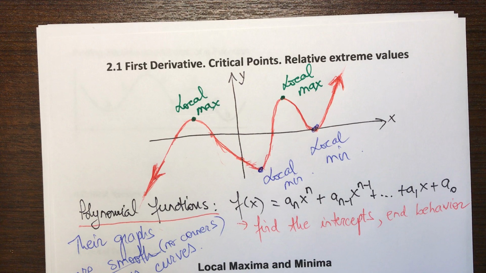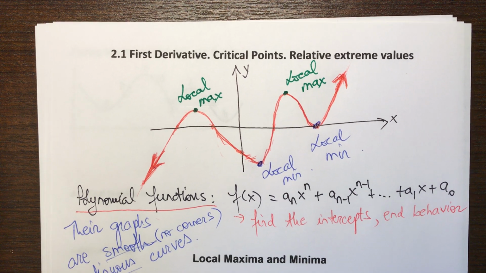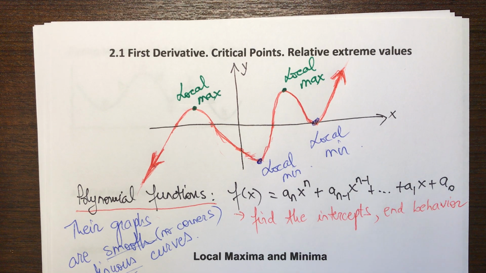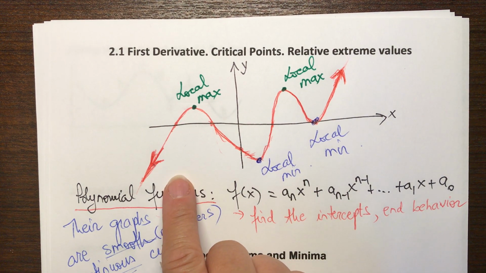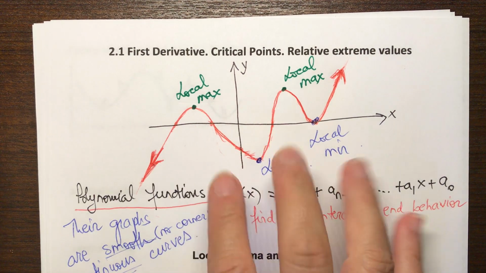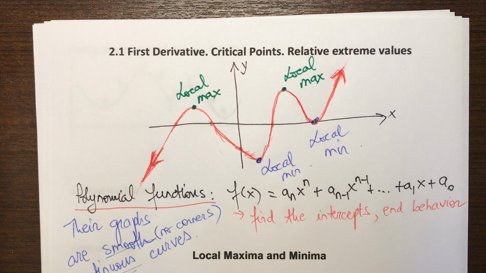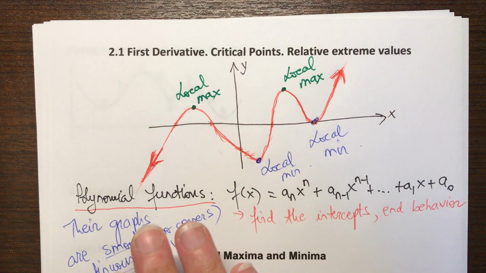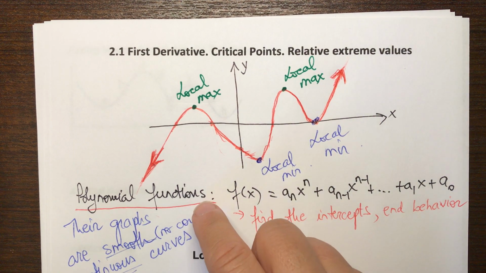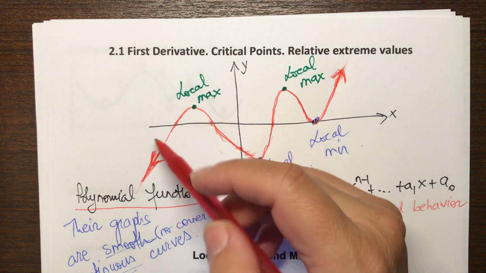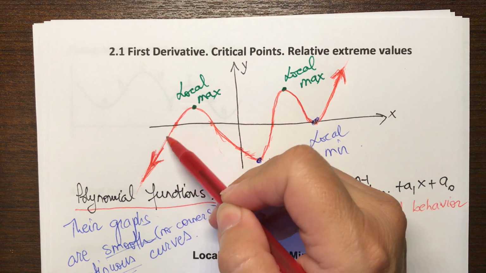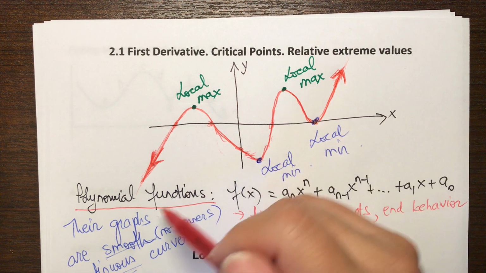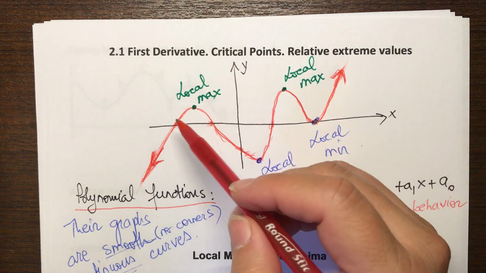So apparently, that's what we will be able to find in this section. The next question is how. As you see right here, we already have some tools for graphing polynomial functions. These are not the only ones that we're going to be graphing, but we're starting with these because they're the easiest ones to graph. I already have the tools of finding intercepts, where it's crossing or touching the x-axis.